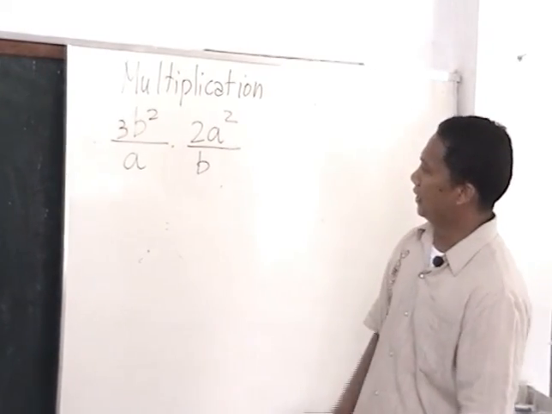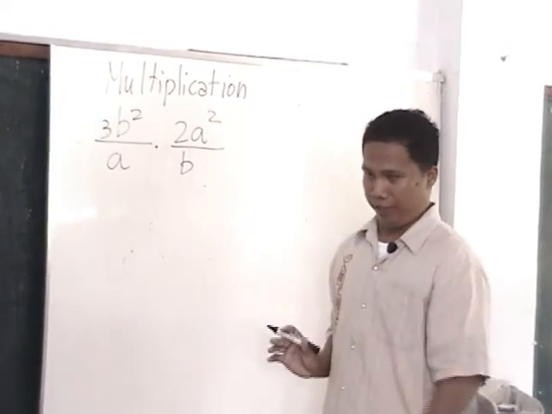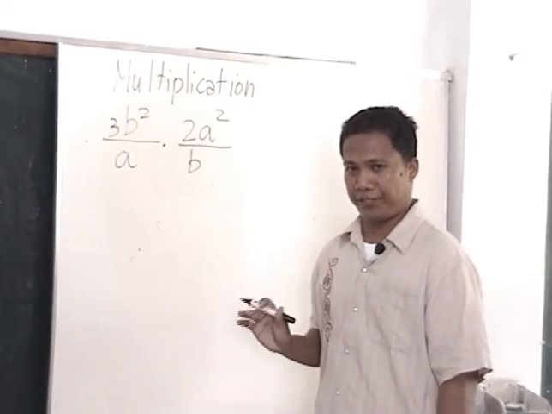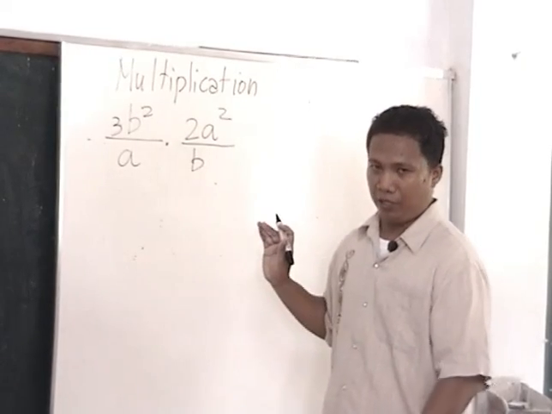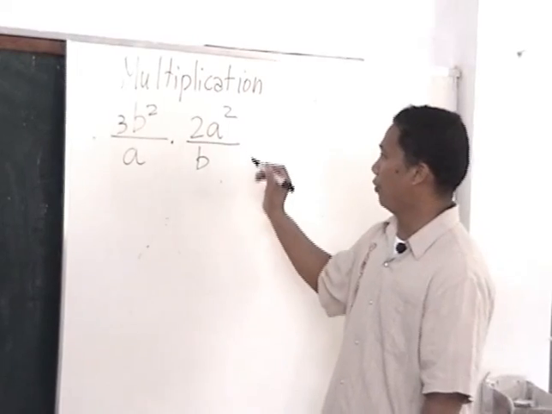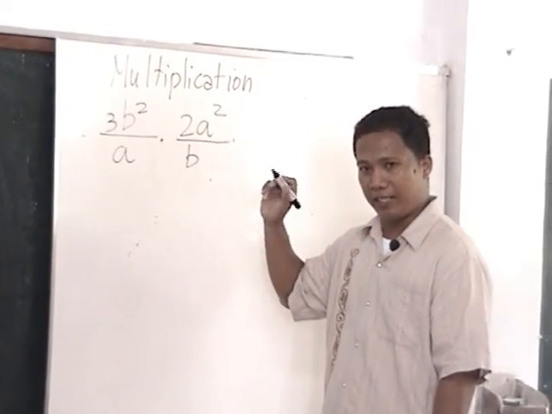So as you can see, there are two variables, b and a. So we have to determine first the value that we can cancel out, because cancellation is the short method of multiplication. We have to cancel out. Now, what is the value that can be cancelled out?